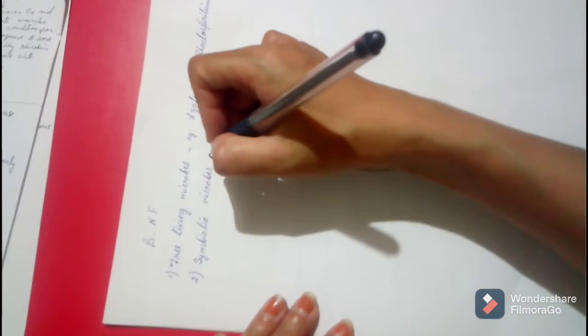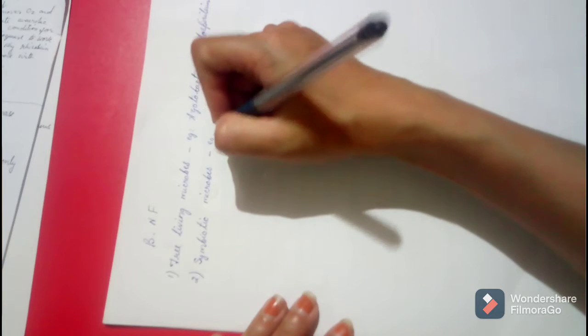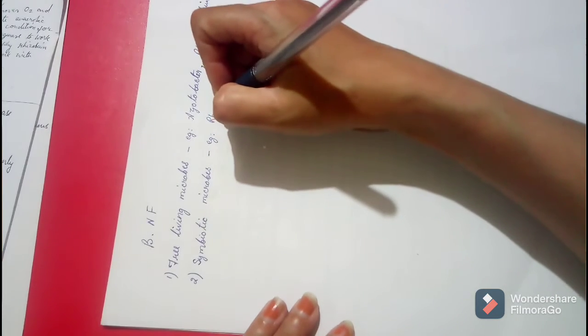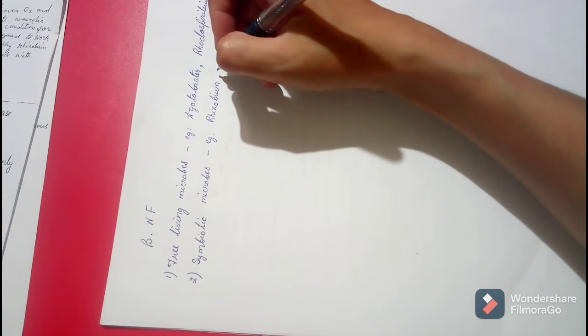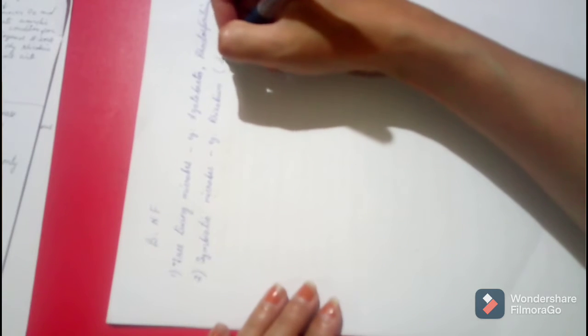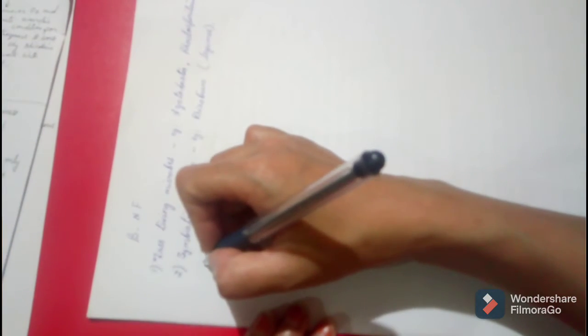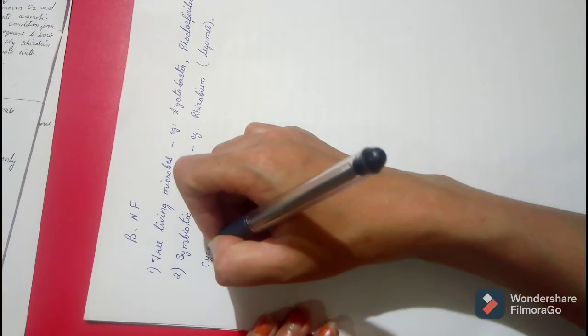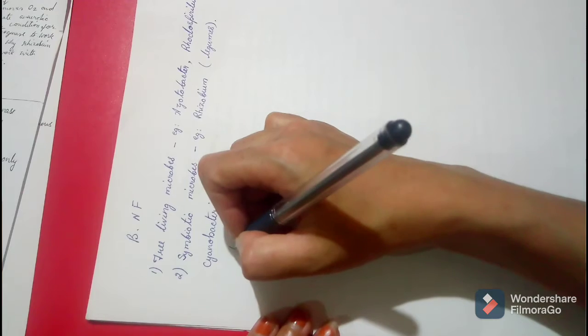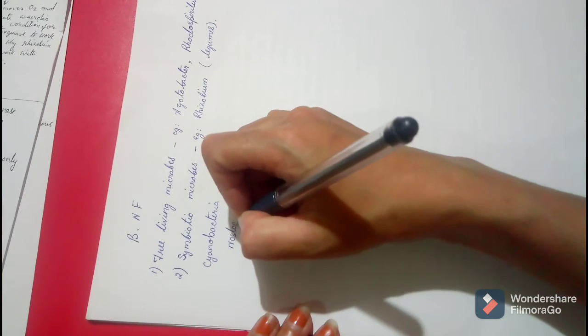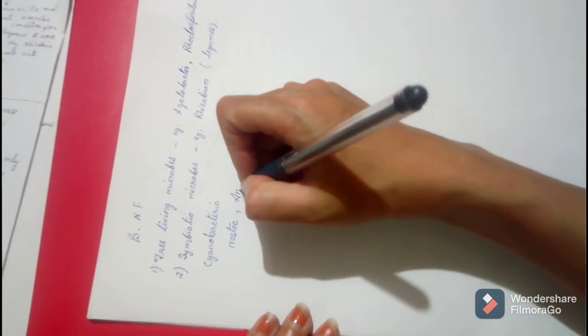And then we have symbiotic bacteria. The common example is Rhizobium, and this Rhizobium forms a symbiotic relationship with the leguminous plants, the legumes. And also other types of bacteria such as cyanobacteria, such as the Nostoc species and Anabaena.